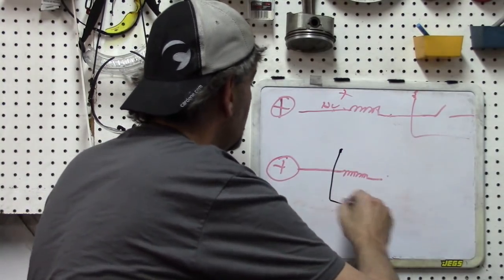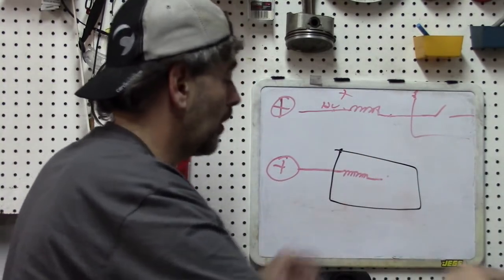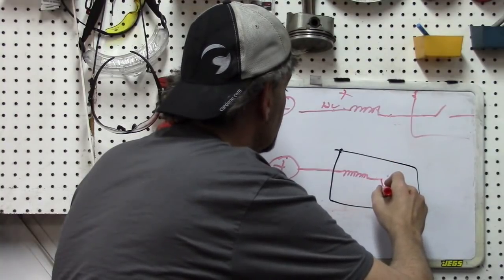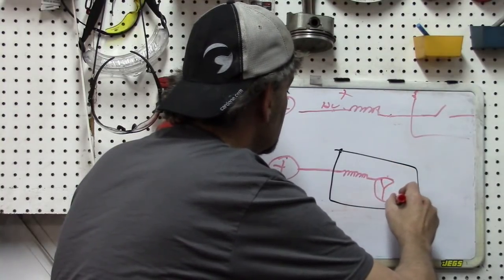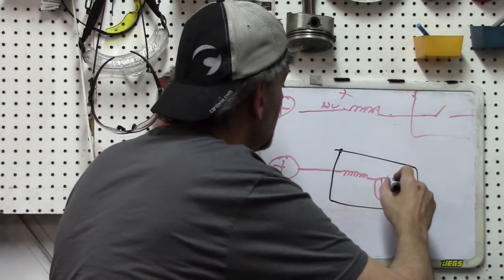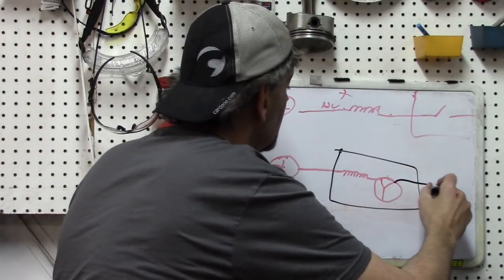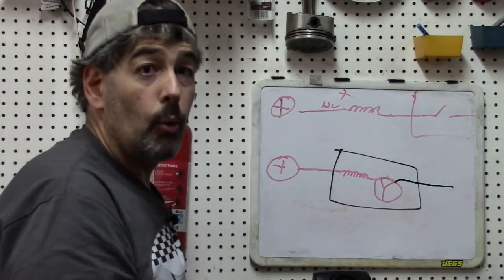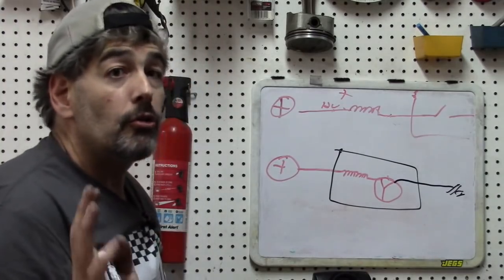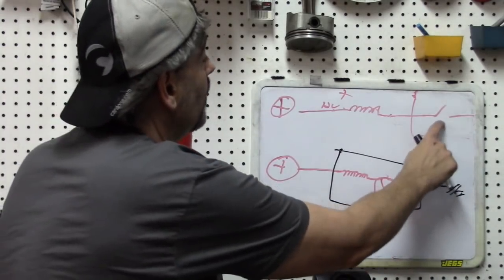Let's draw our coil here. This is our primary coil going to our transistor control here, okay? We know this part here is going to go where? To ground, okay? That's not going to be switched by the PCM like this one is.